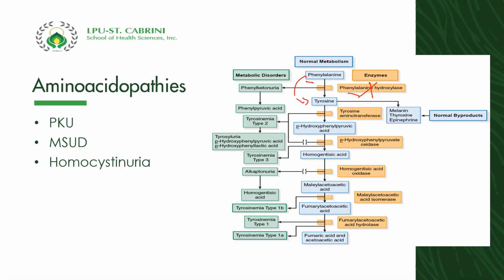Excess phenylalanine in the body needs to be excreted, because when there is an excess, we have to eliminate it. Elimination is via urination.